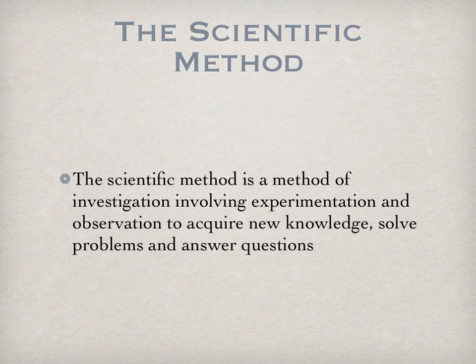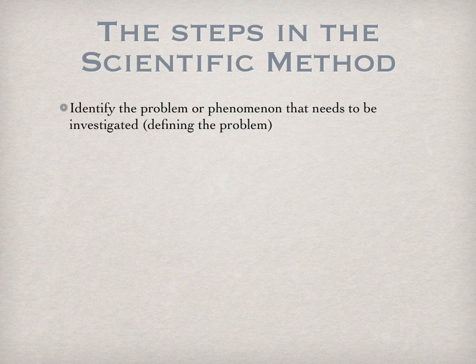So somewhere around the 1300s, people started using what was known as the scientific method, which is basically a way of experimentation that follows some logical steps to solve a problem and come up with new answers. So let's talk about the steps.